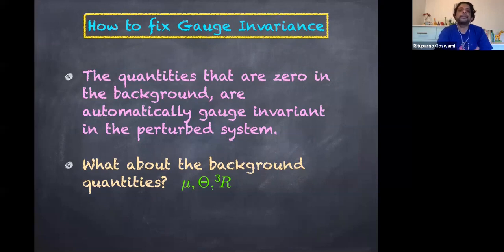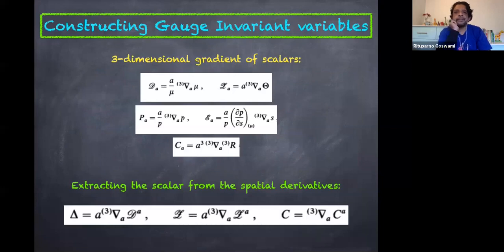Here we do a nice trick. Instead of these quantities, we define their 3-dimensional gradients. For example, instead of mu, the energy density, we define the 3-dimensional gradient of mu divided by mu, with the scale factor, and that will be my vector, curly D_a.